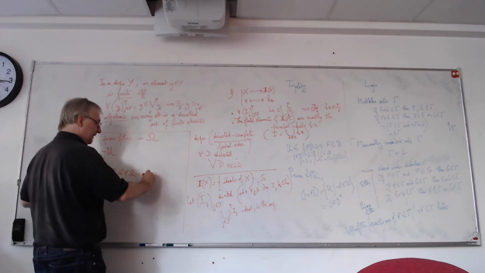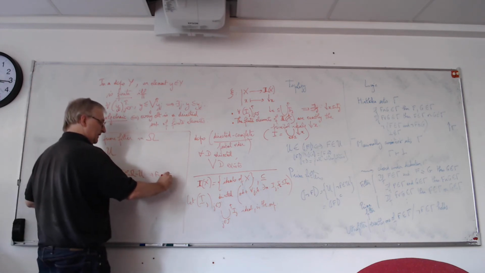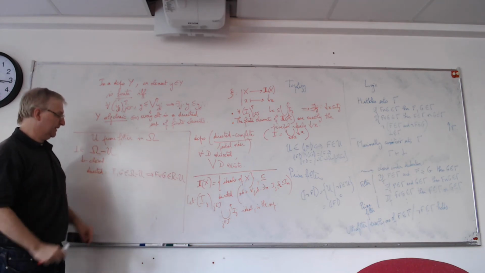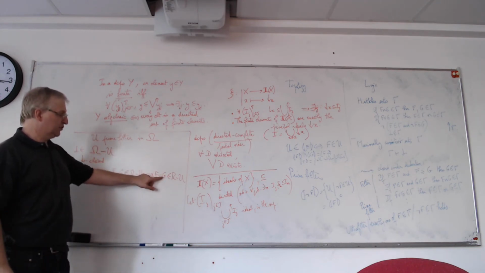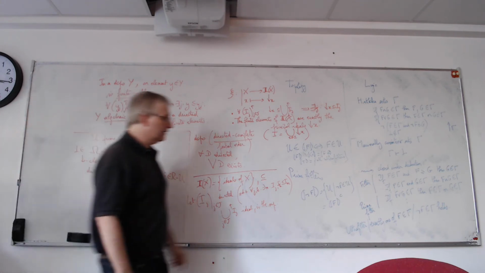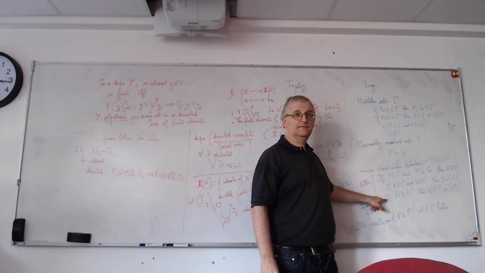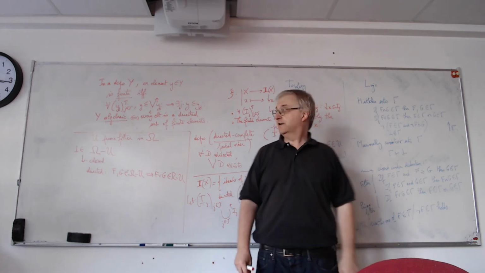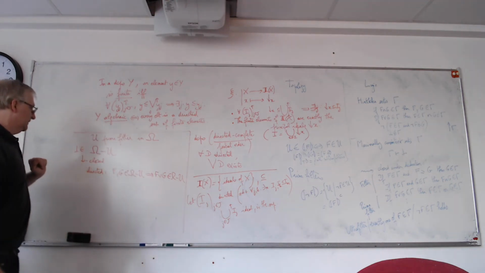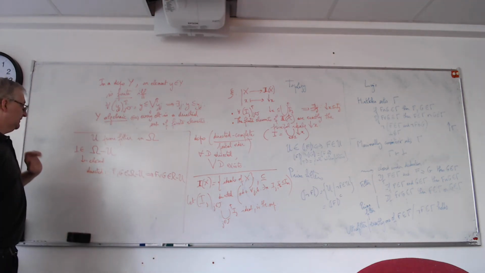Well, I claim that f or g is in the complement. Why so? Well, take the contrapositive of this. It says that if f or g is in u, then f is in u or g is in u. And this is what we have written here. So the complement of this prime filter is an ideal.